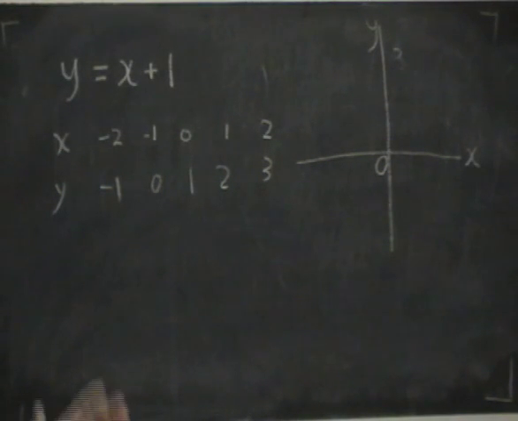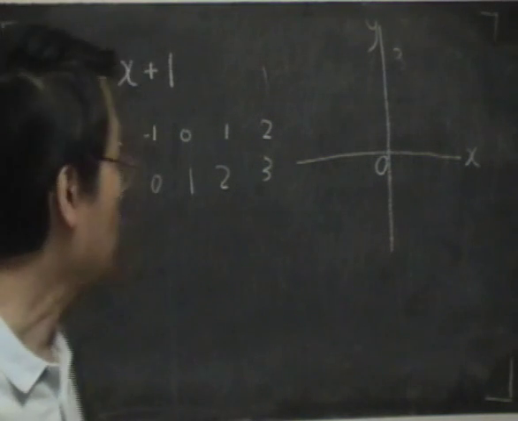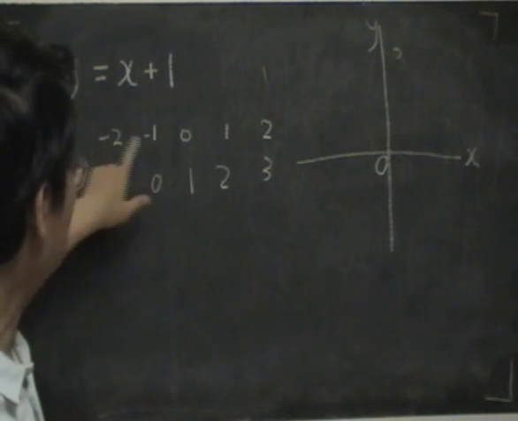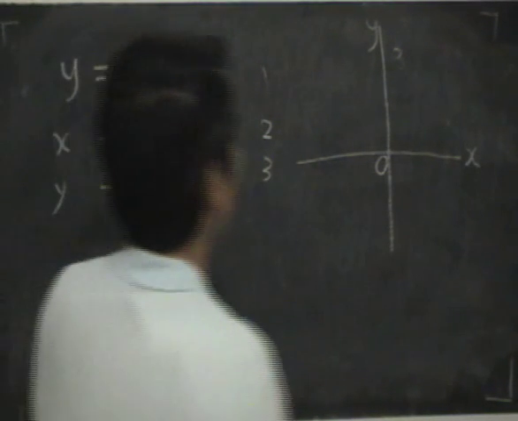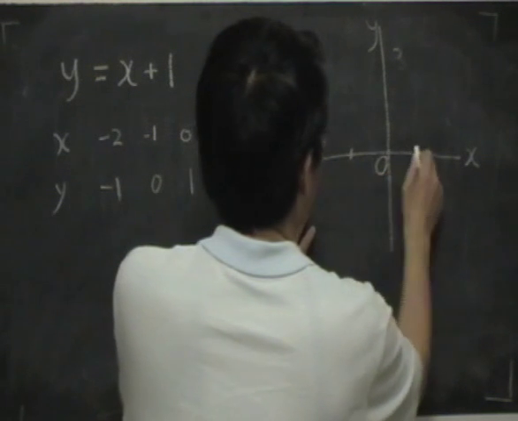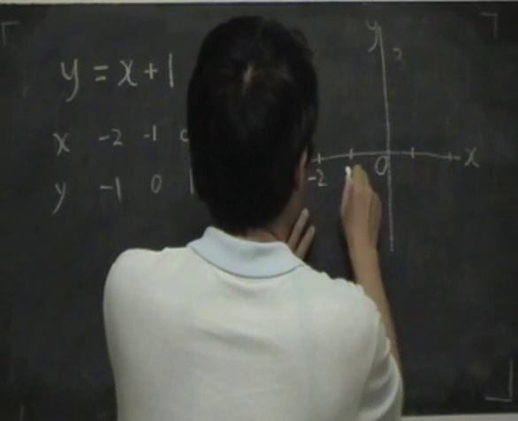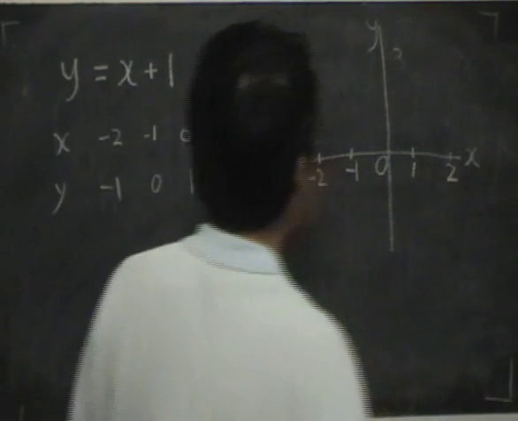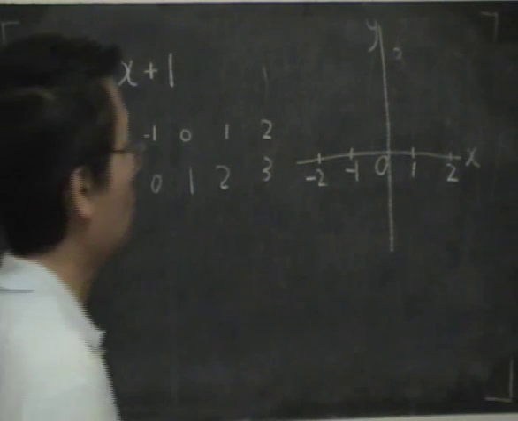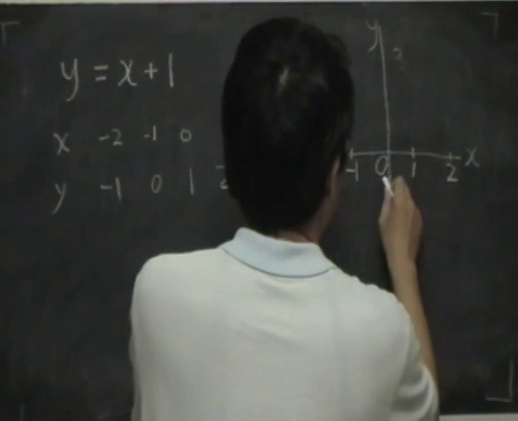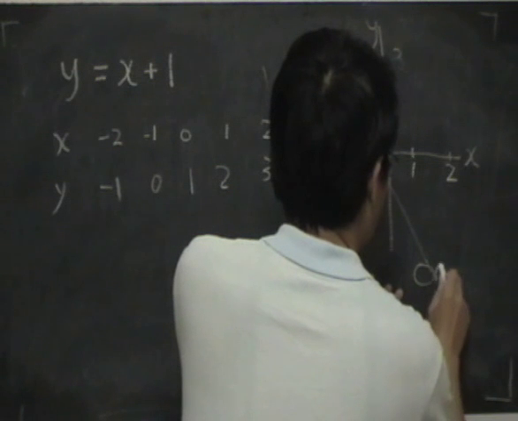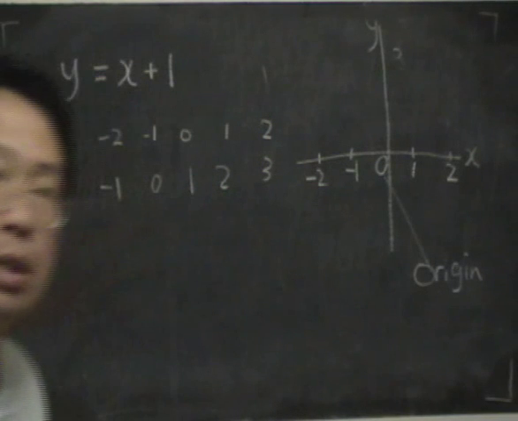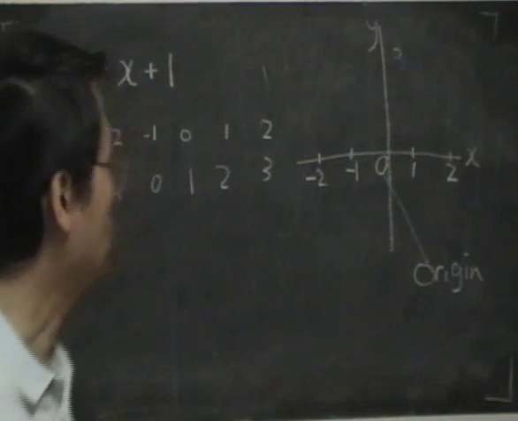Origin meaning the point of 0. So for example, if x has values from minus 2 to 2, I would mark them out like that. So minus 2, minus 1, and then the 0 is at the origin, 1 and 2. Okay, so there's a name there. It's called the origin, the point of 0.